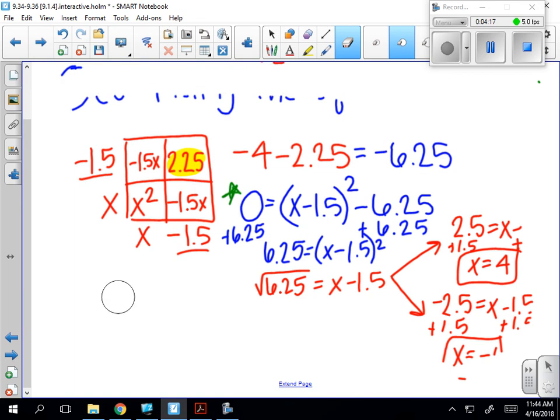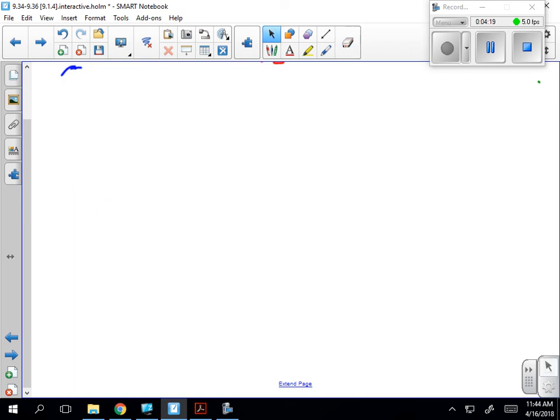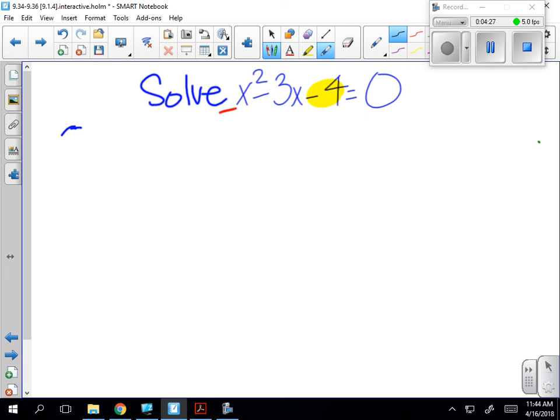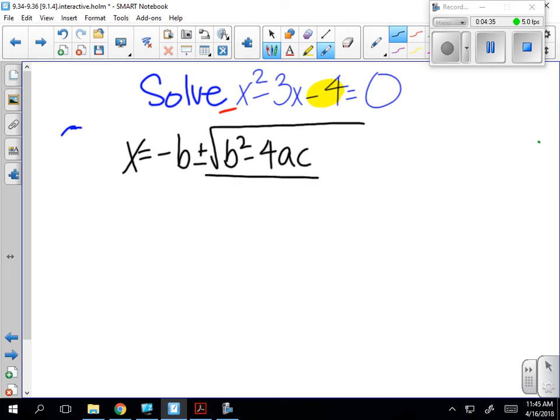Now the last strategy is the last one that we learned in class, and that's using the quadratic formula. So what we're going to do is first write out the quadratic formula. x equals the opposite of b plus or minus the square root of b squared minus 4 times a times c, all divided by 2a.